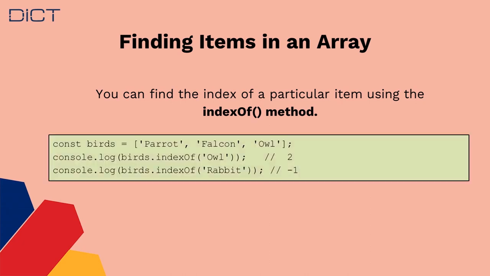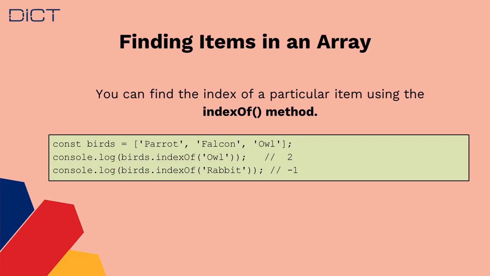Say for example, we have an array of birds that has the following items: parrot, falcon, and owl. To determine the index of a particular item, we console.log the birds array's indexOf, then the name of the element, which is owl, and it returns the value 2.